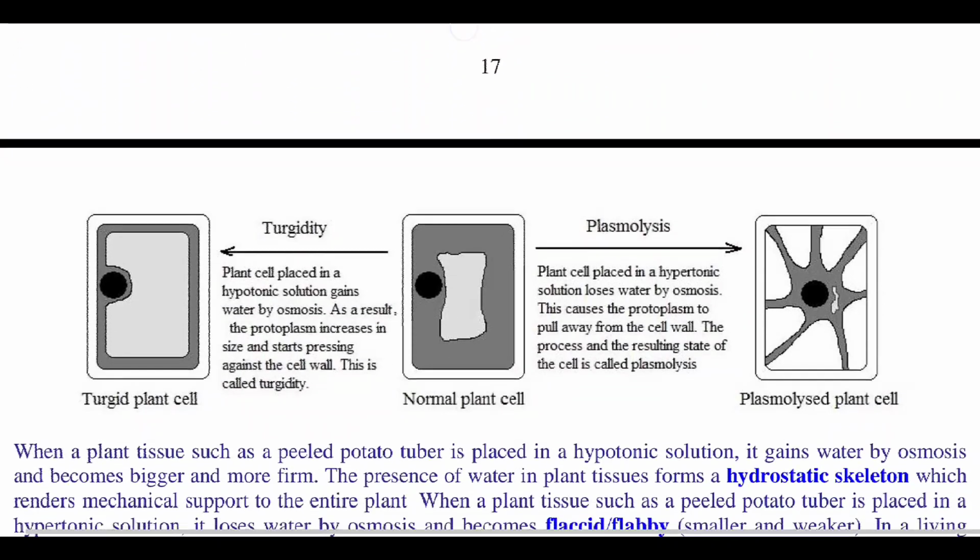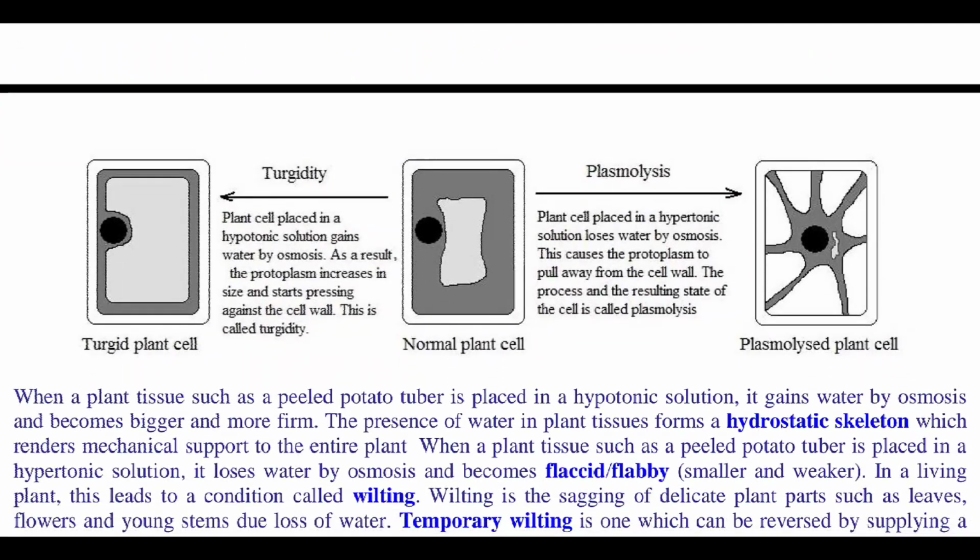We have an illustration here. This is the normal plant cell. Now, when it is placed in hypotonic solution, the protoplasm increases and presses against the what? Against the cell wall, like this.